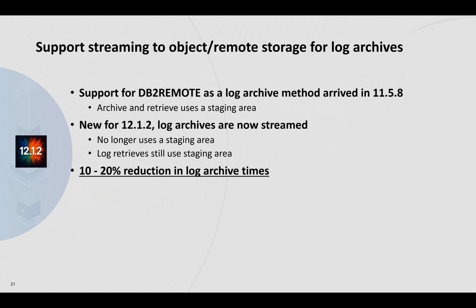It goes straight onto the channel. There will be some buffering in memory, but that is a much more optimized handling system. And that data is going to get pushed through the cloud right out to your object store vendor. We've been seeing about a 10 to 20% reduction in log archive times just by moving to streaming. So that allows us to push the data out to the archives quicker.